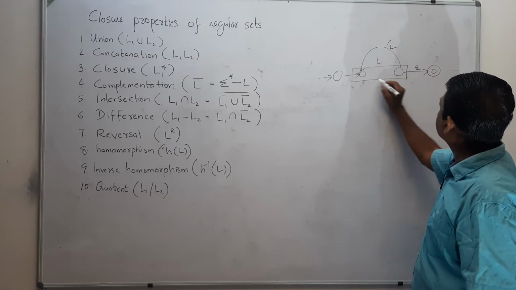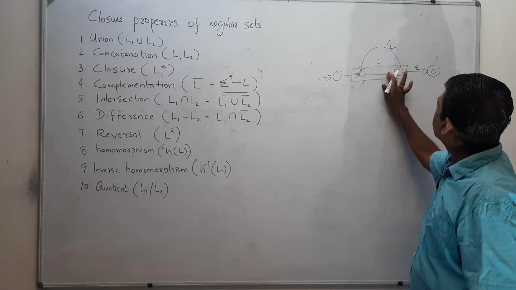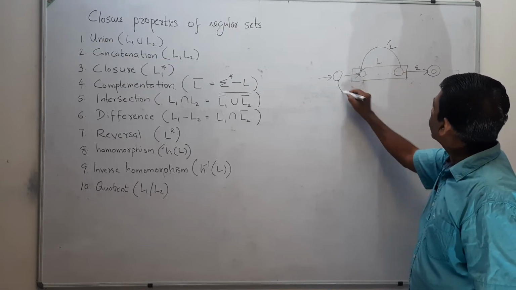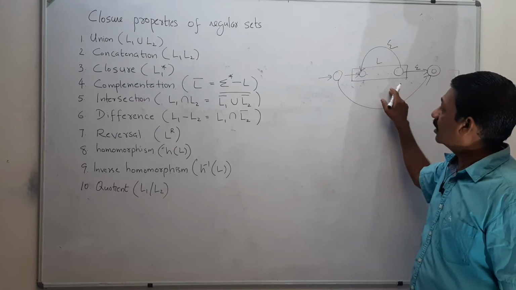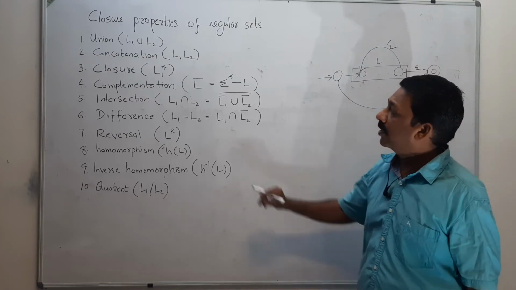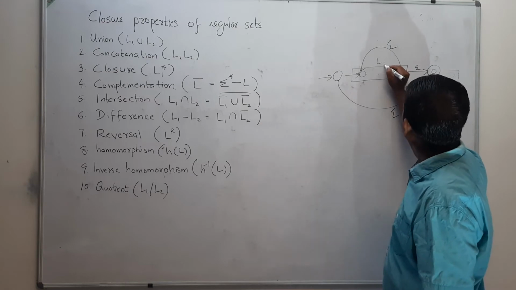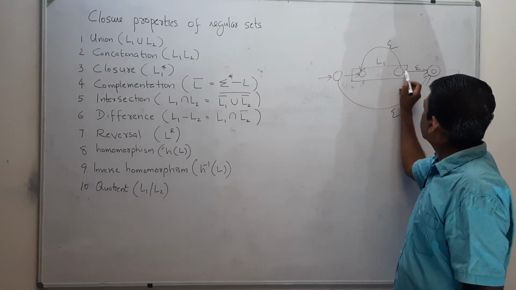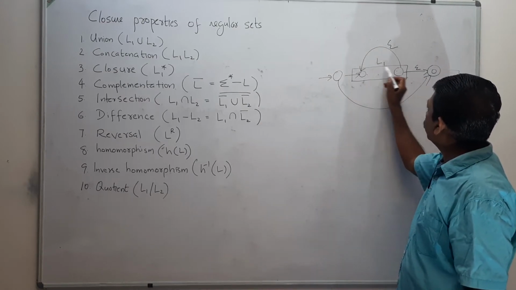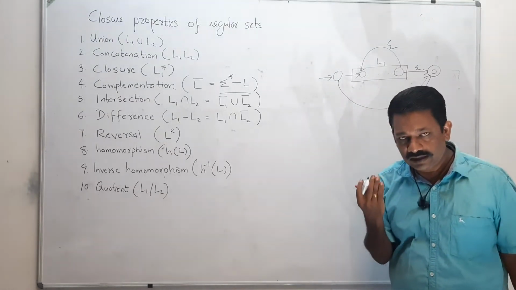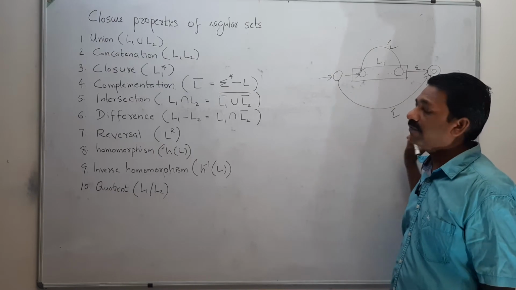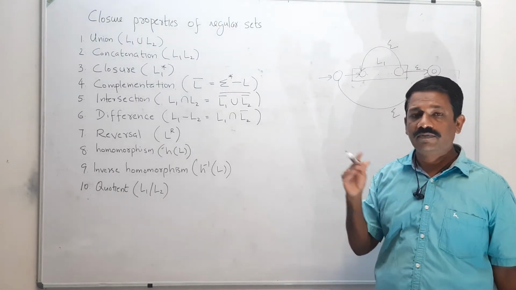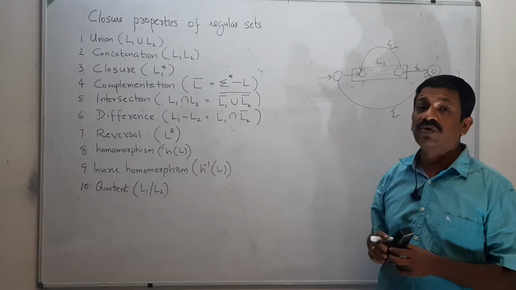Have an epsilon transition, and then from here to here you have another epsilon transition. This is L star. If you have L1, this is the finite automaton accepting L1, and for L1 star there exists another NFA with epsilon transition. That means L1 star is also regular.